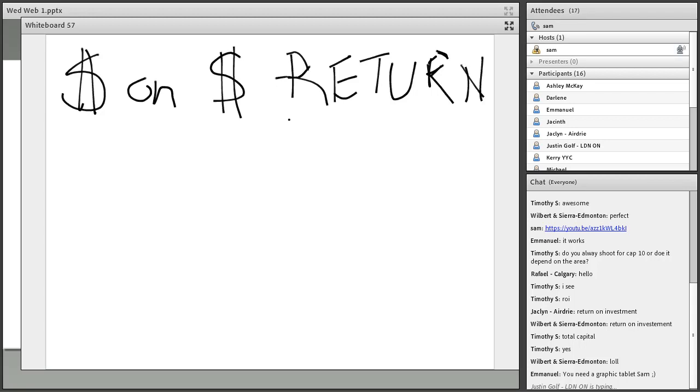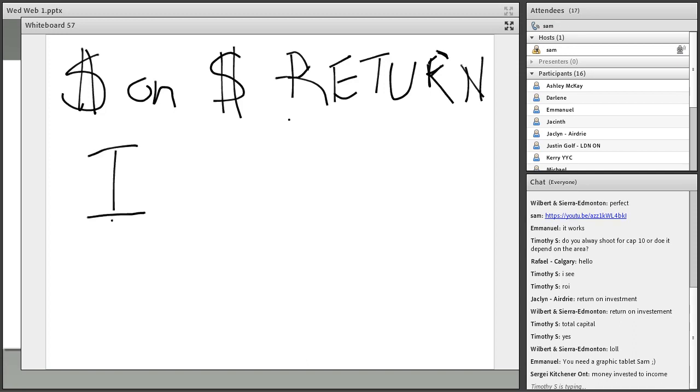How do we calculate it? It's income divided by investment. That's cash on cash return. So when someone says ROI, typically that's what they mean. Income divided by investment. Yeah, money invested to income. That's right. That's exactly right.